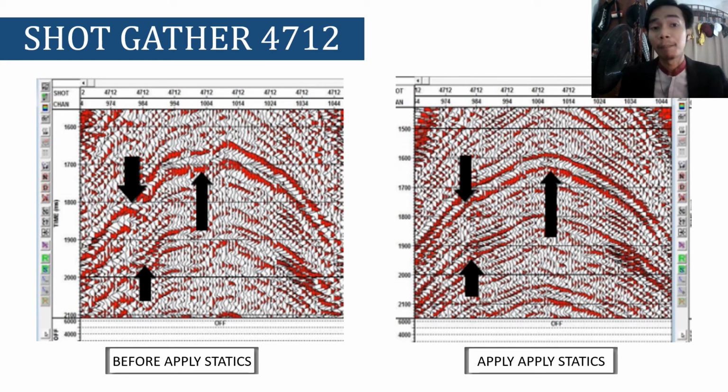And for this example, shot gather 4,712, on the left side, the seismic line was scattered and not hyperbolic, which is difficult for the geophysicists to interpret. But on the right side, after applying the statics, the seismic signal was nearly hyperbolic and more continuous compared to the left one.